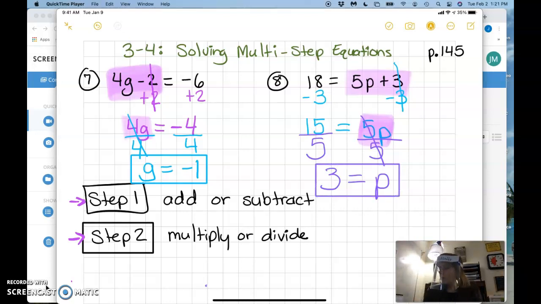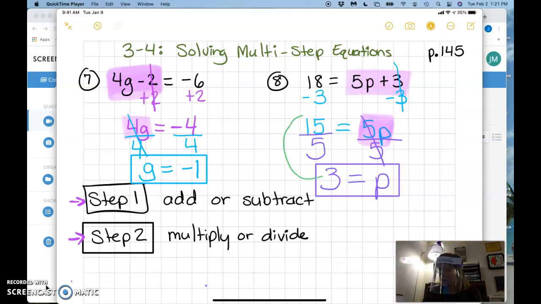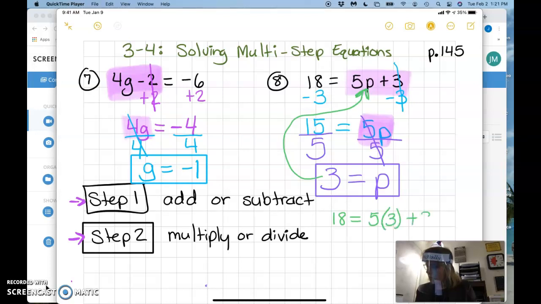Now, if we wanted to check our work, we could plug that 3 back in right here and make sure that that's the correct answer by seeing if the two sides are balanced. So let me do that real quick just so you know how. I'm going to say 18 equals 5 times 3 plus 3 because I'm plugging this 3 in.